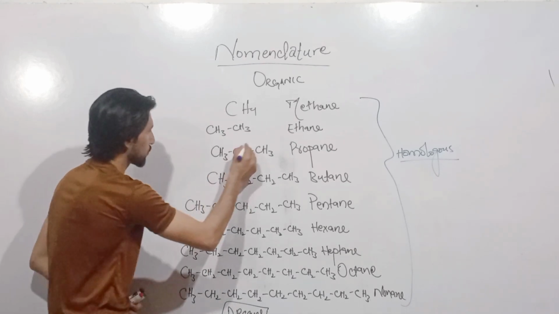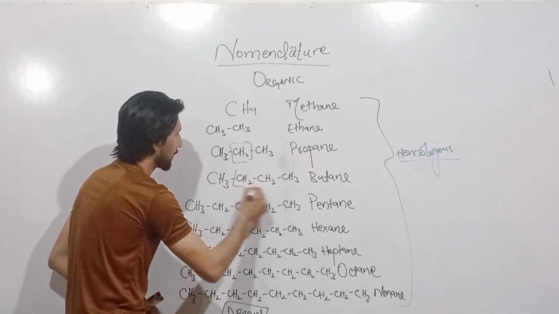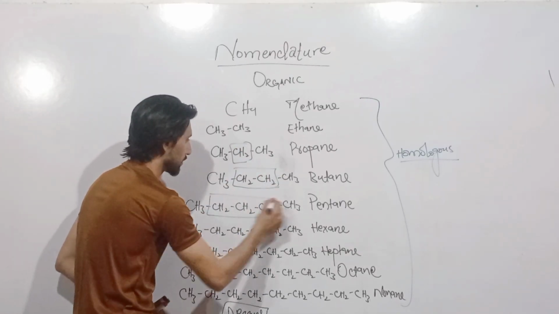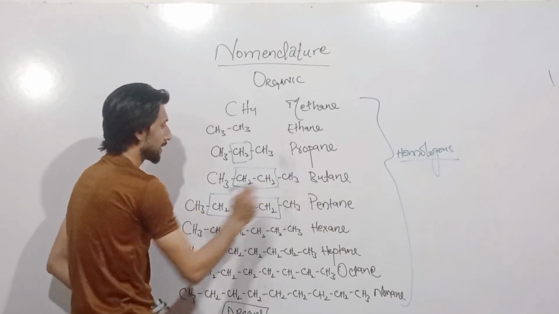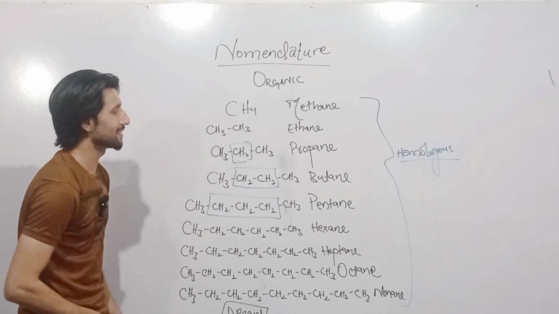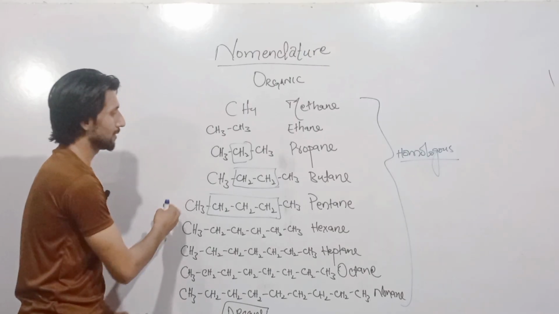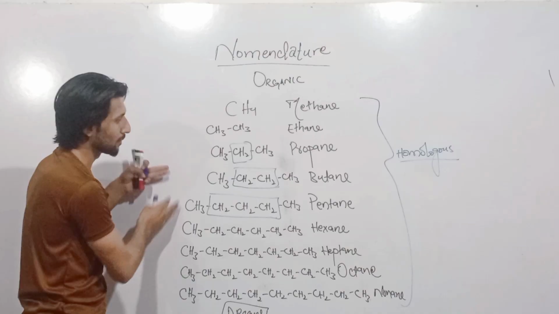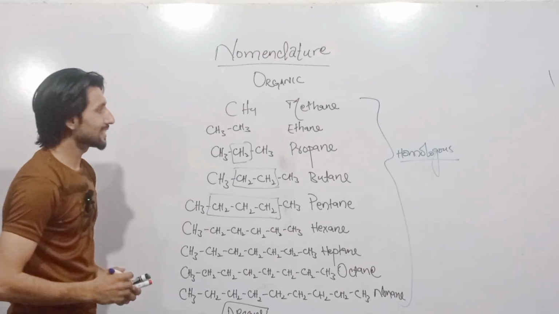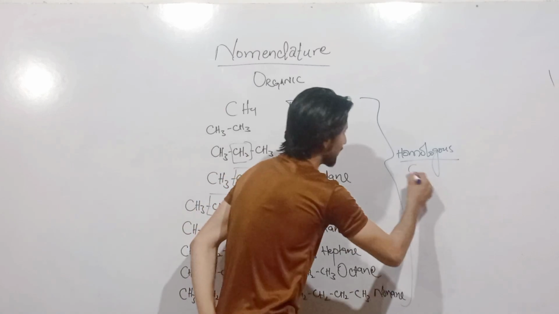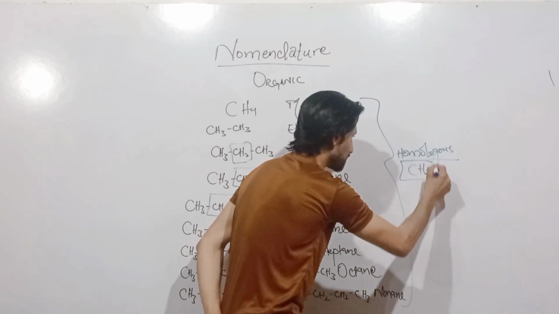There is a CH2 difference between propane and butane, and between butane and pentane. So one carbon and two hydrogens increase as we go from one member to the next member of the same series. So this is also called the homologous series of alkanes, and they differ by CH2.